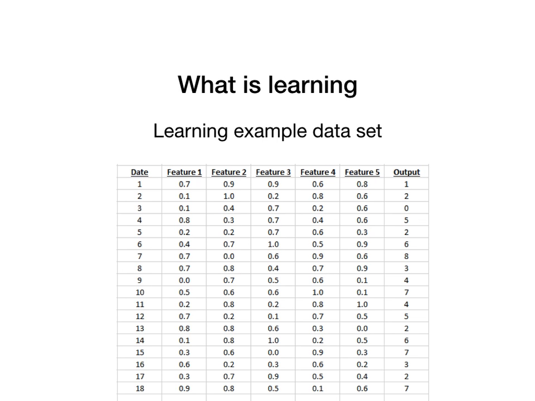Suppose I have a set of data on day one, like feature one, feature two, feature three, as the input data, and I have an output of one. The next day, again a set of information like this, and the output is 2. On the third day, the data set is like 0.1, 0.4, 0.7, 0.2, and 0.6, and the output is like 0. So every day information is generated continuously.